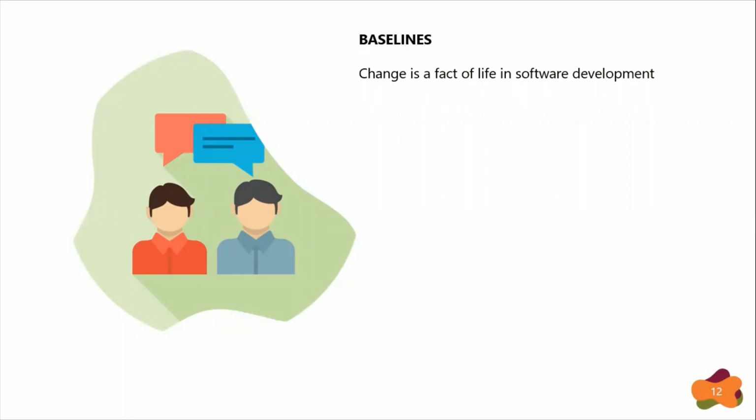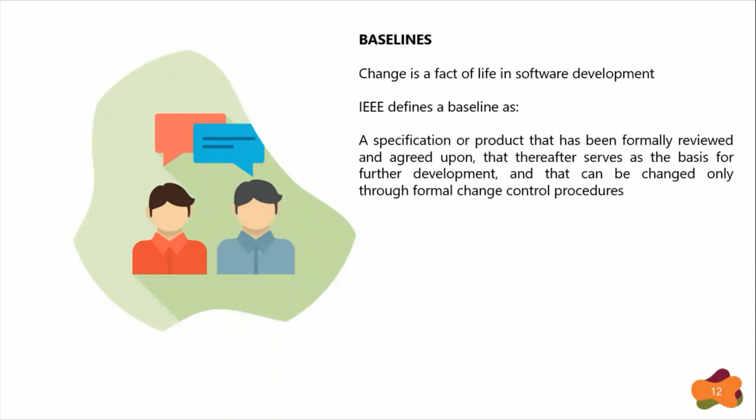So what is a baseline? IEEE defines a baseline as a specification or a product that has been formally reviewed and agreed upon. That means some work has been done on the software product, which is formally reviewed by everyone and also agreed. Thereafter, it serves as a basis for development. Let's say we are making a software product and the first version, we call it 1.0.